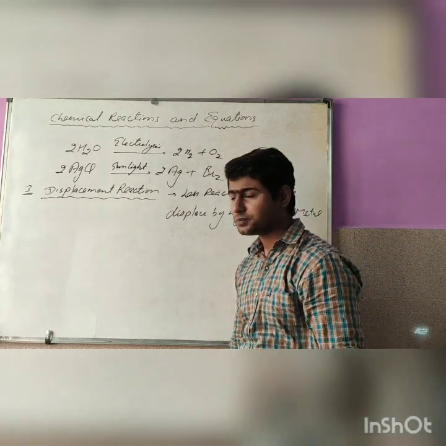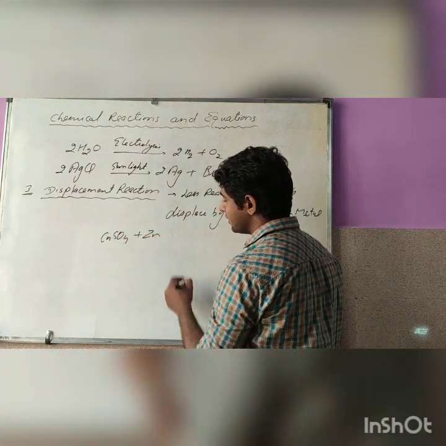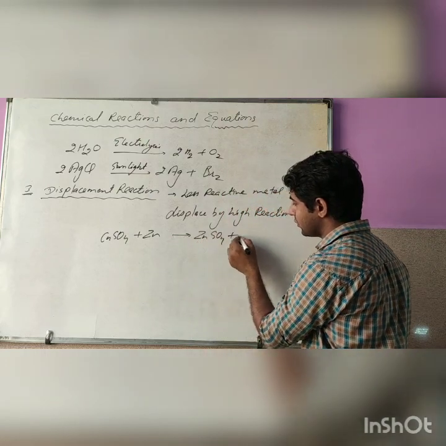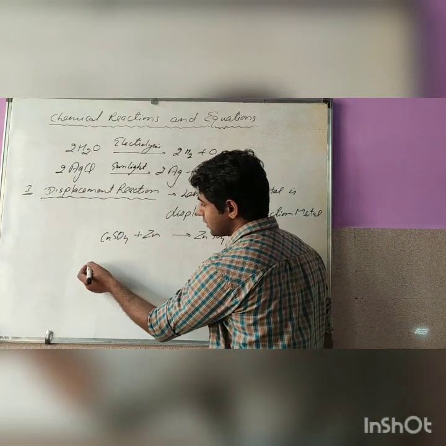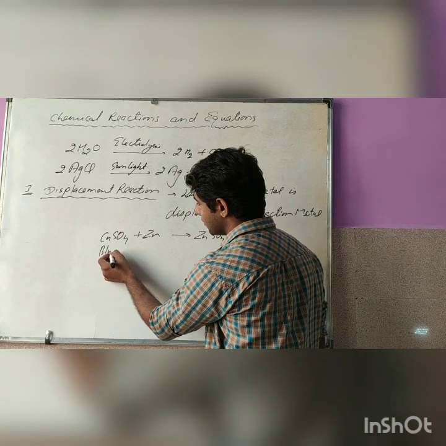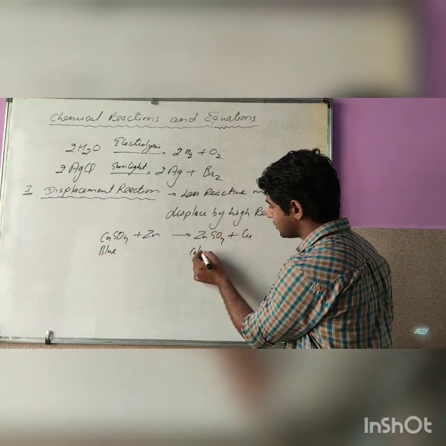For example, CuSO4 plus Zn will give ZnSO4 plus Cu. Copper sulfate color is blue, and when it reacts with zinc, we get a colorless solution.